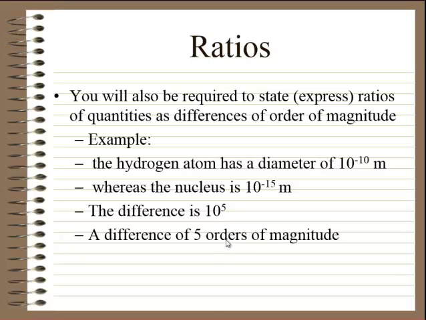So that means there's 5 orders of magnitude, and that would be the value which I'd give as the difference of these two things. As you can see here, the difference is 10 to the 5, and what I have to do is think of minus 10 minus minus 15 gives me a value of 5. So 10 to the 5 difference.